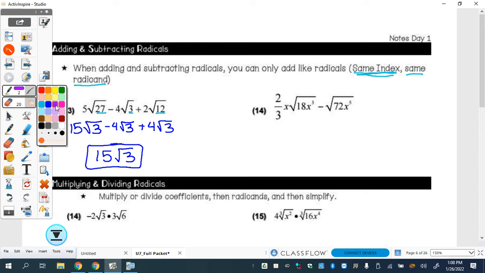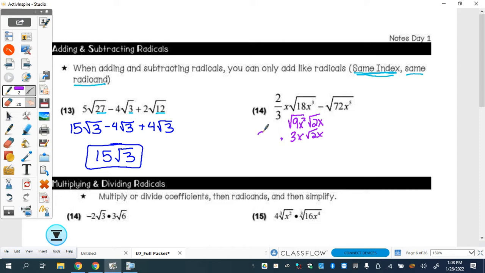14. What is our perfect square that can come out of 18x to the third? I'm going to assume you meant x squared. Oh, yeah, I did. Yeah, okay. So 9x squared, 2x will be in the other one. What is the square root of 9x squared? 3x.